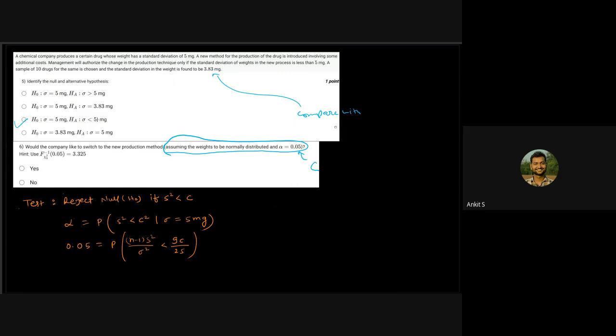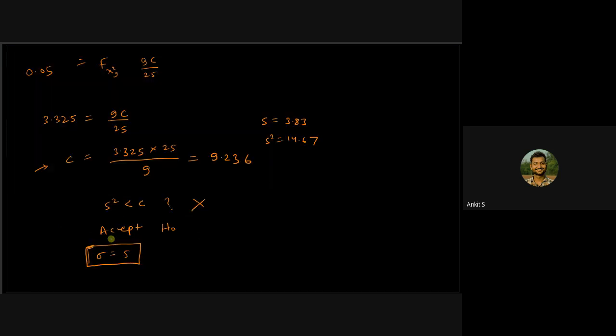So this is what you do. So alpha is simply given as this 0.05. From here, what we have to calculate? We have to know the critical value, right? So we find the critical value as 9.236 corresponding to the alpha.